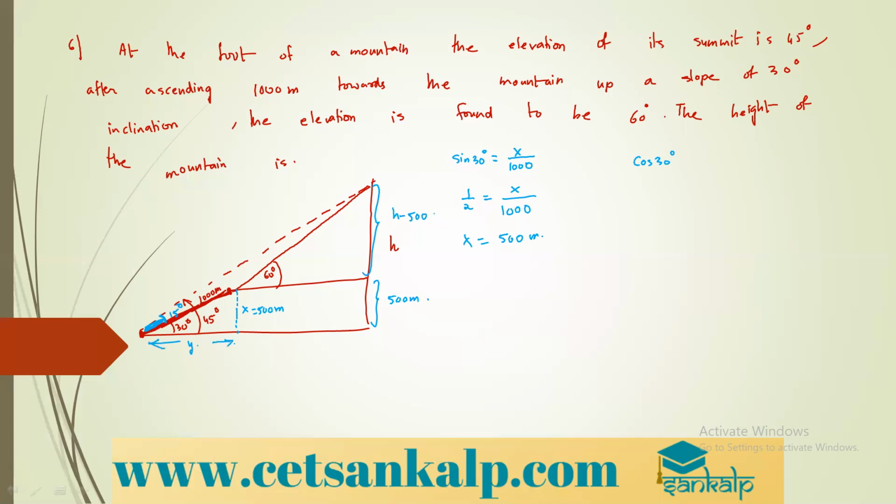This means this distance. If I take cos 30 degrees, it will be y by 1000. Cos 30 degrees is root 3 by 2 equal to y by 1000. Or y will be equal to 1000 root 3 by 2, or y will be 500 root 3 meters. So we know what is x, what is y.